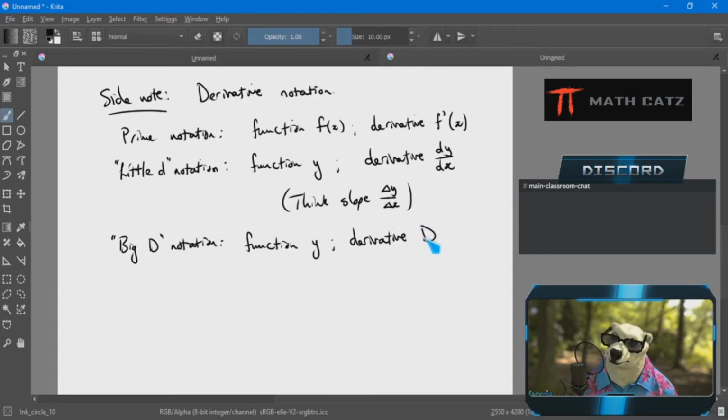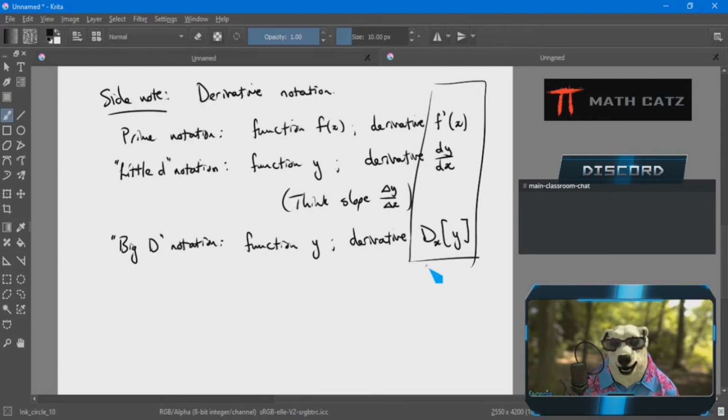I'm going to use a big D for derivative, and I'm going to say what the variable is at the bottom. And then I'm going to put the function or its details in square brackets. All of these things are the same. Some, we'll see in time, are just more convenient than others.